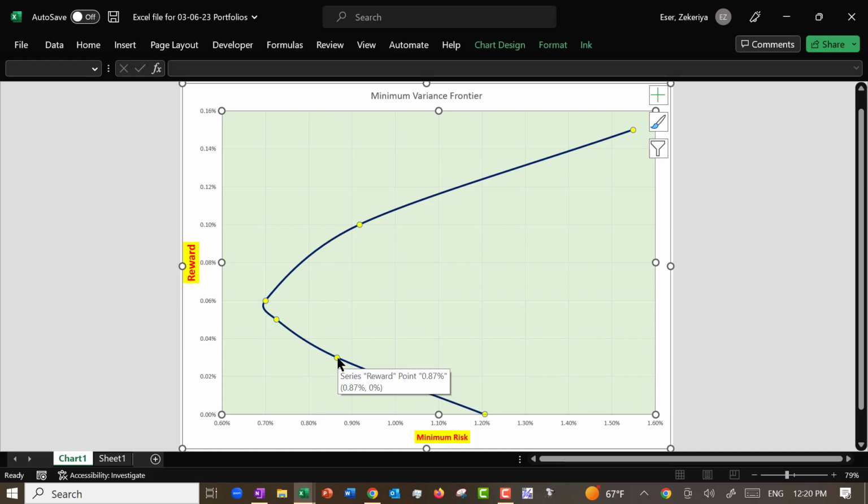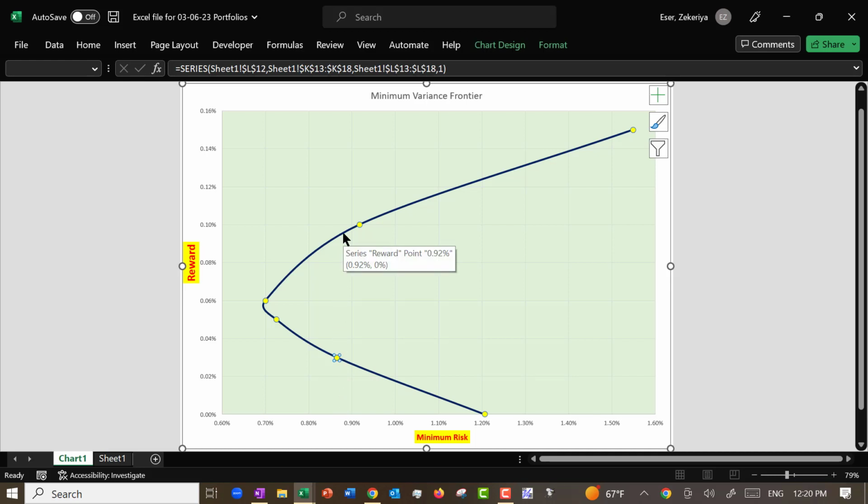It has a reward of about 0.03 and a risk of 0.7. I can basically go up here and do better than that, okay? Only the upward sloping part, this part, these are efficient portfolios.